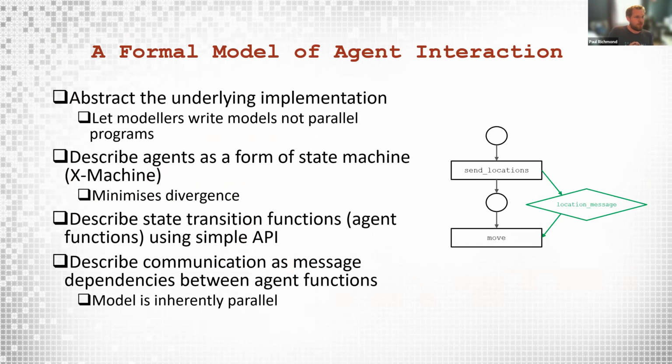So we've got a very general framework and description for what an agent-based system looks like within FLAME GPU, and the way we do that is by using a state-based representation of agents. With this state-based representation, you can describe the model in terms of what the agents are, which other agents they communicate with, what information they hold, and what information they communicate with others.